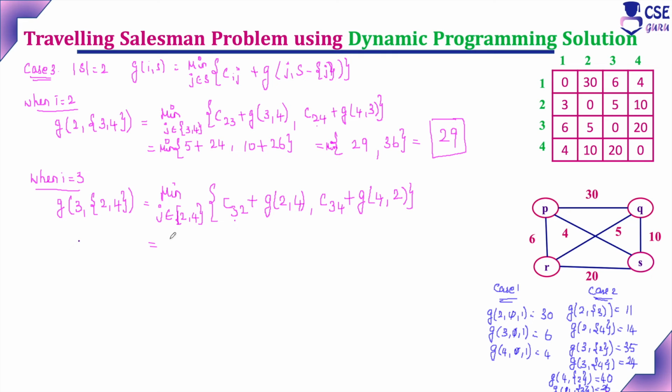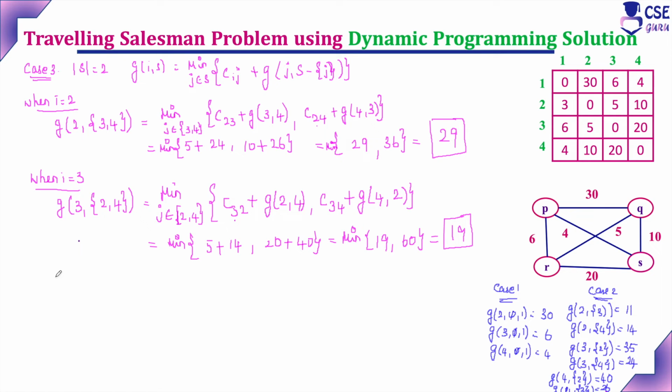So here we are considering minimum of C32 cost is 5 plus G of 2, comma 4. 2, comma 4 cost is 14, comma C3 to 4. 3 to 4 cost is 20 plus G of 4, comma 2. 4, comma 2 cost is 40. So minimum of 19, comma 60. Which one is minimum? 19 is minimum.